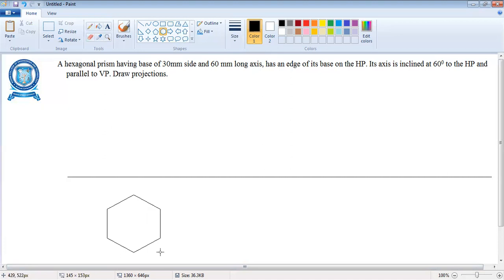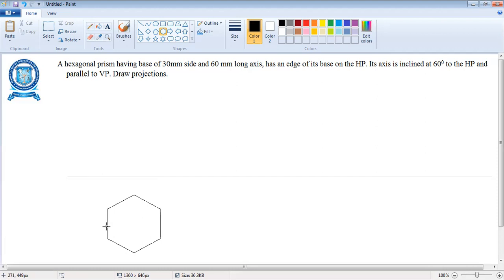We are drawing the top view of the hexagonal prism, in which the base edge is resting on the horizontal plane.